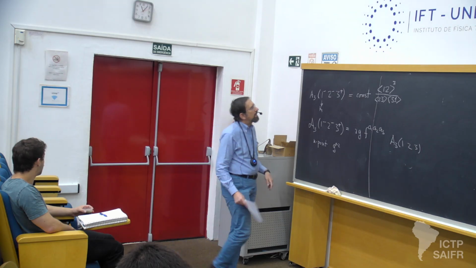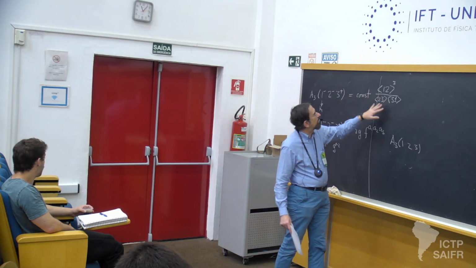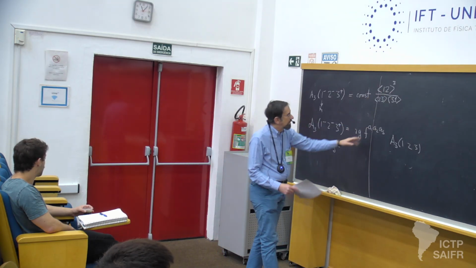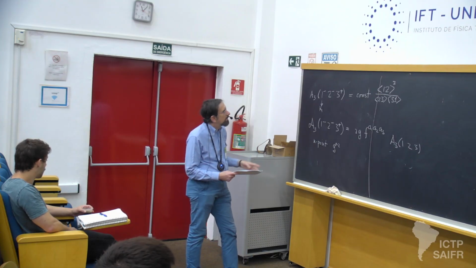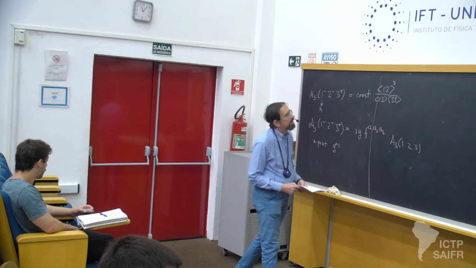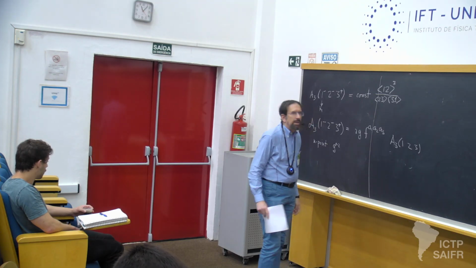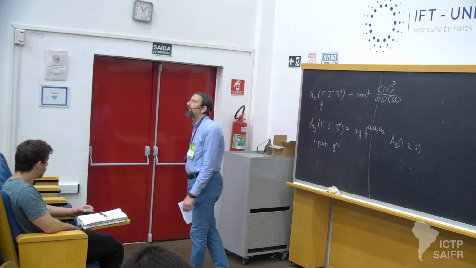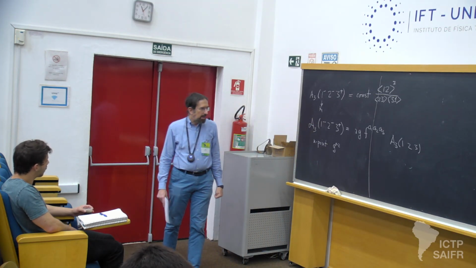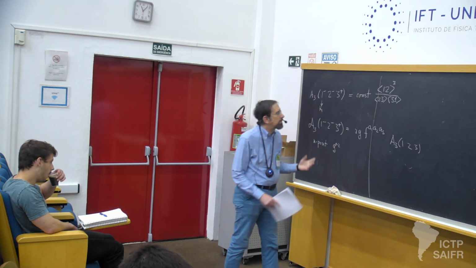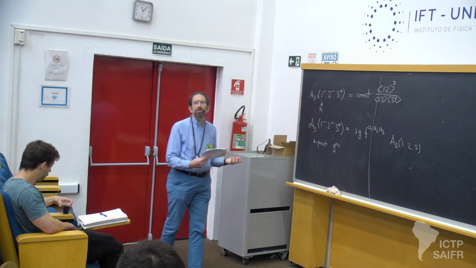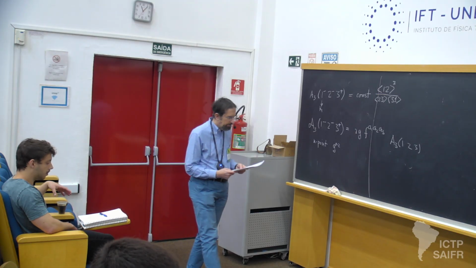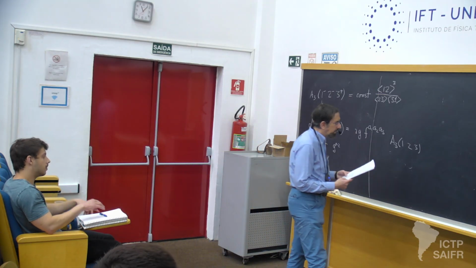But before we start talking about sewing together the kinematics, we should talk about sewing together the color degrees of freedom and how the color degrees of freedom organize themselves. Now, I know that Henrik has already talked about this yesterday, but I think the way I'm going to present it is a little bit different, and so you'll have two different views on how one can organize this.